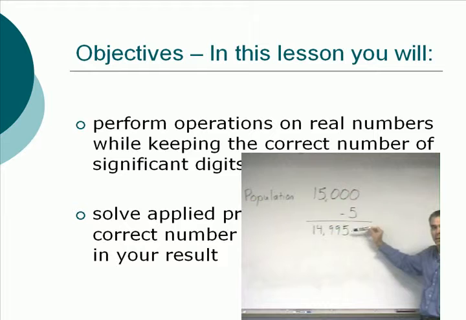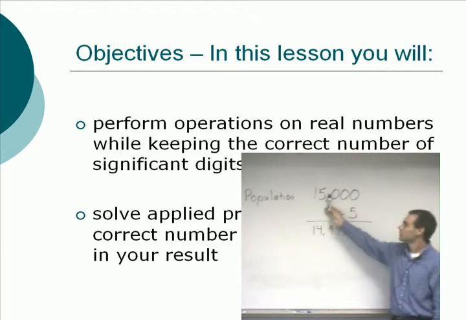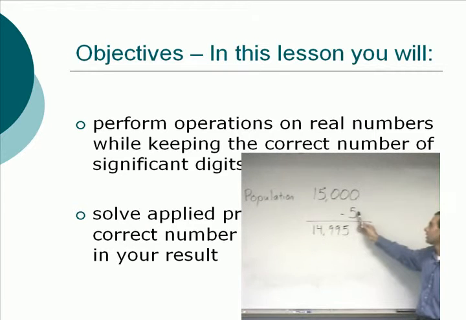Make sense? Well, what's the problem? What's our precision here? Here we're only precise to the nearest 1,000. We are only estimating the population to the nearest 1,000 people, so we can't very well suddenly lose 5 people and claim that our precision is now to the nearest person, right?